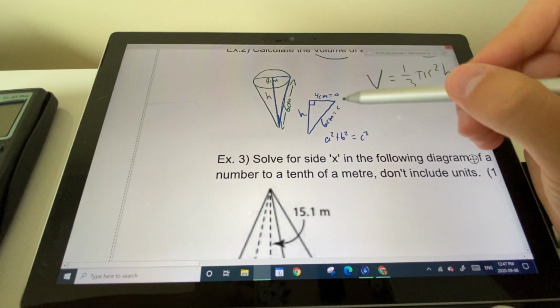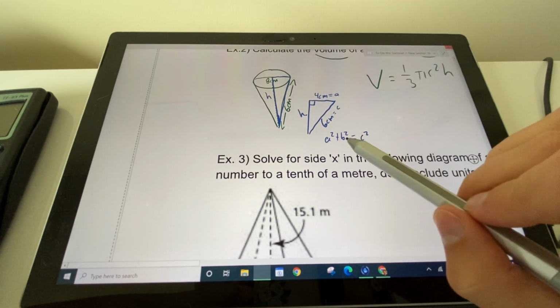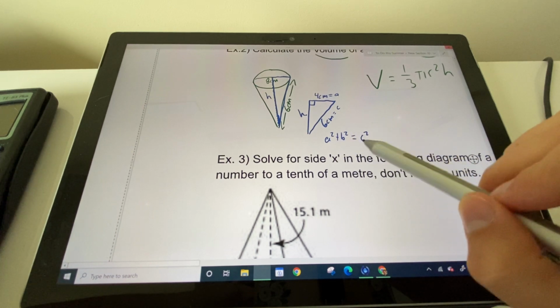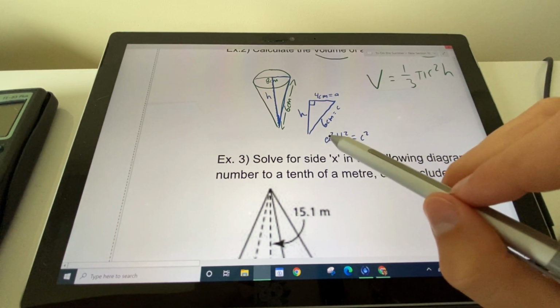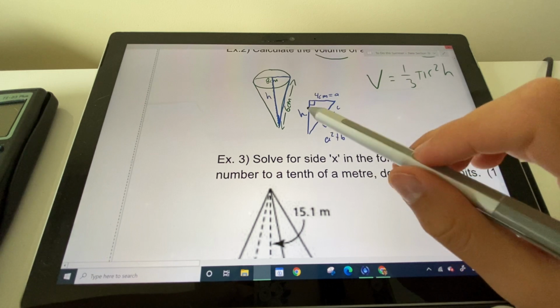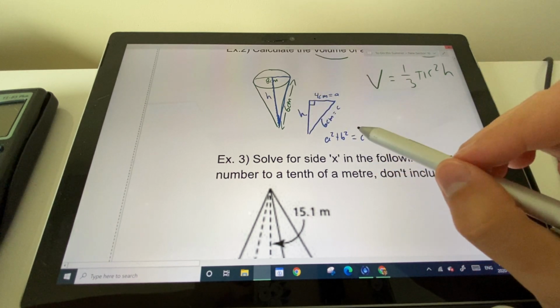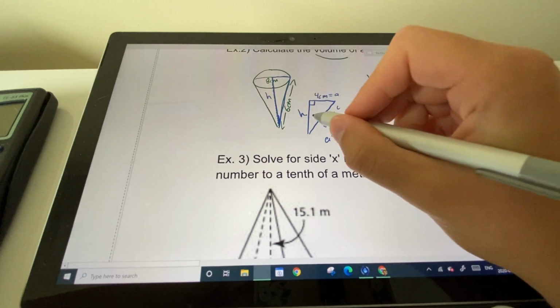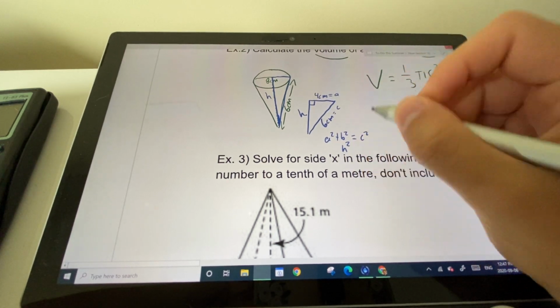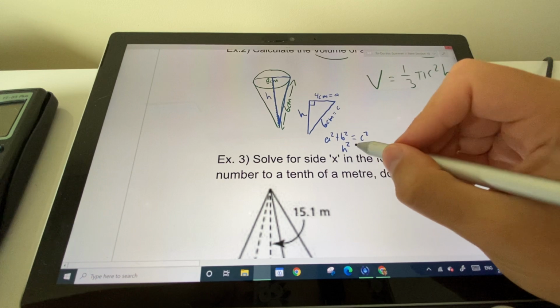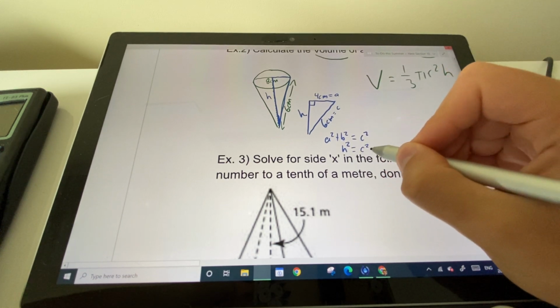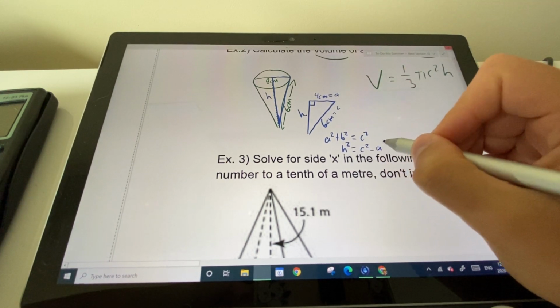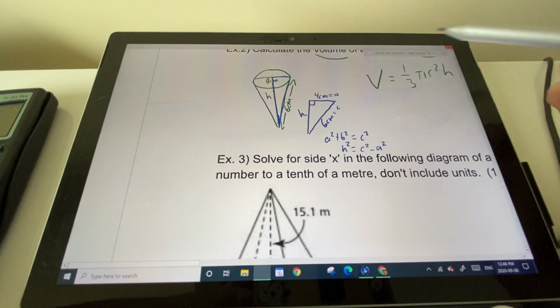That being said, we're not going to plug 6 and 4 in and solve for c, because c has to be the hypotenuse. We are solving for one of these legs. So to solve for a leg, you have to take your hypotenuse and subtract the other leg. So h squared equals c squared minus a squared, and a is 4.